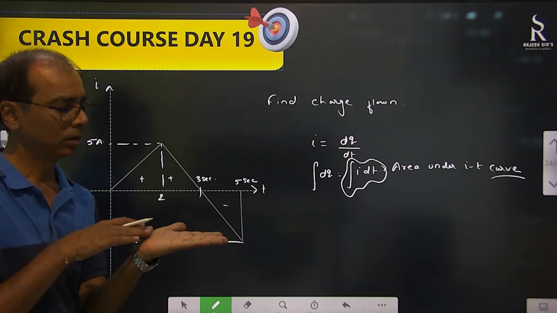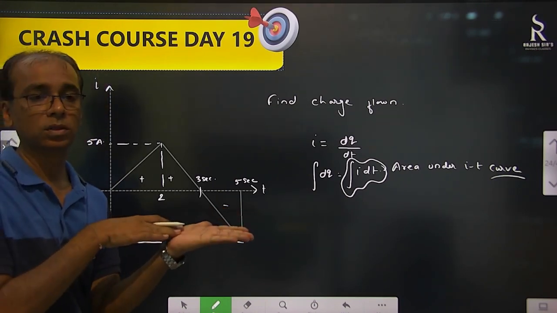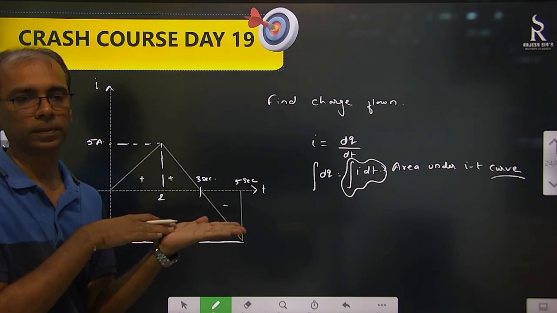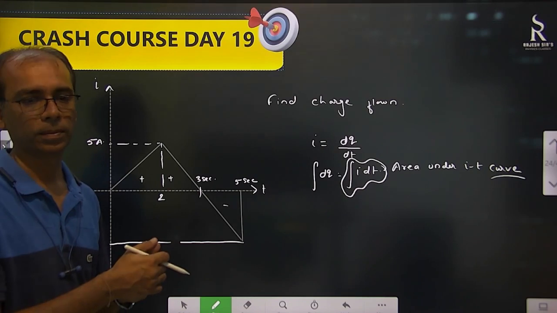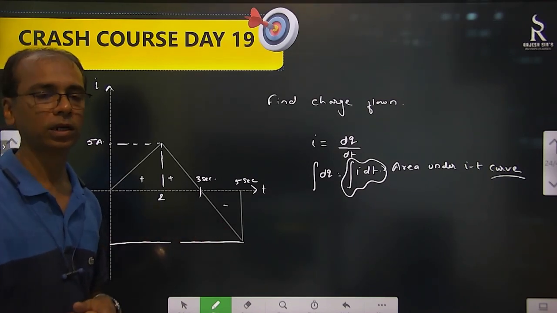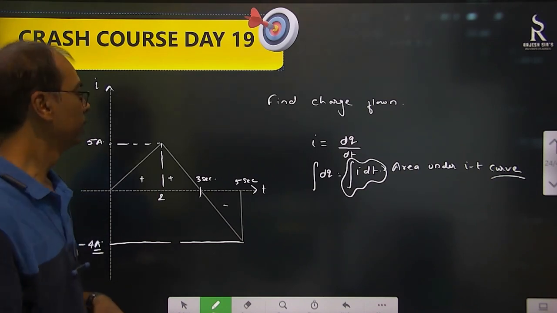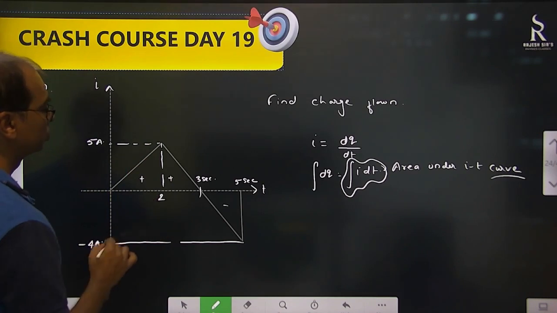So if positive charge has flown like this for some time, then it has gone like this. We have to find the net charge flown, how much is the transfer of the charge. So in that one, we have to take this as negative. We can't take it as positive. Then how much is this? Now this is 5, this is 2.